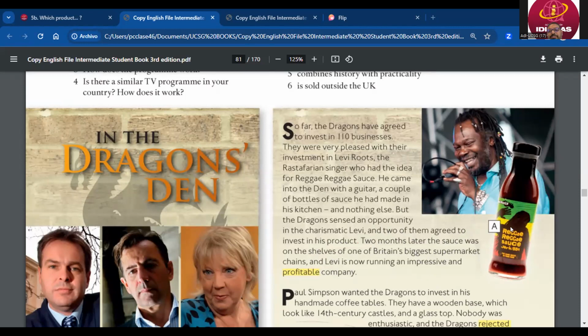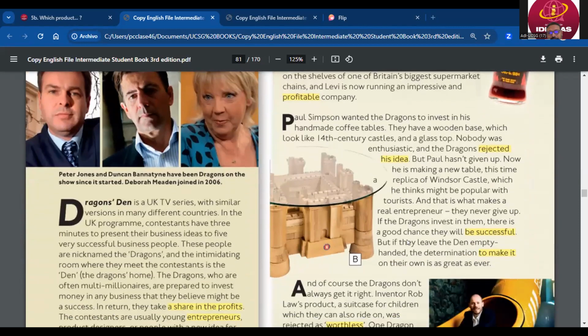The first case, the sauce. The second case, Paul Simpson wanted the dragons to invest in his handmade coffee tables. They have a wooden base, which looks like 14th century castles, and a glass top. Nobody was enthusiastic, and the dragons rejected his idea. But Paul hasn't given up.